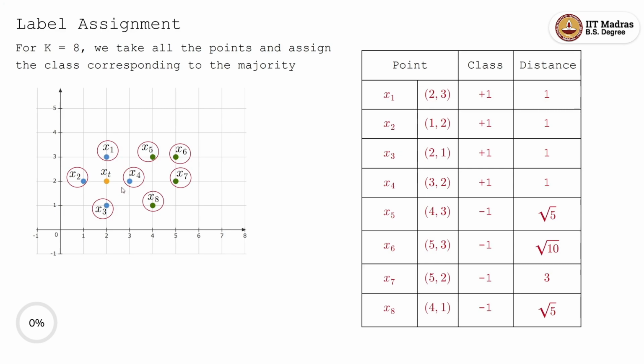So based on general understanding, we see that this test point seems to be in between all these other blue points, so we might feel that the label should be +1. But in having taken k equal to 8, we are now in a situation where we cannot clearly say that the label for this should be +1.